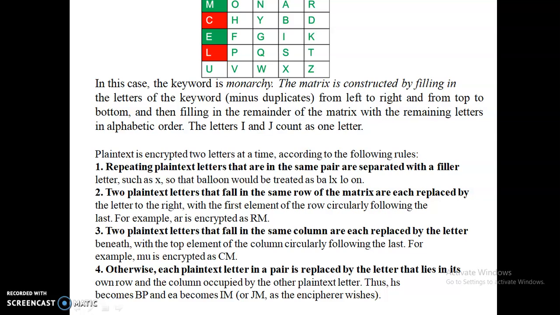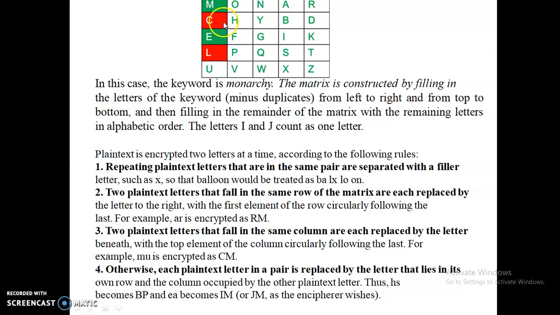So here you can see monarchy is the keyword. First place M and then O, N, A, R, C, H, Y. And then you have to write the remaining alphabets in the matrix, the letters that are not present in the keyword.